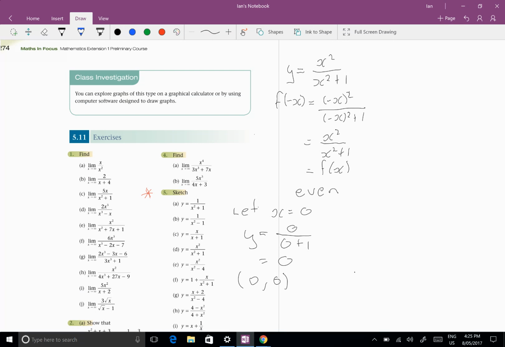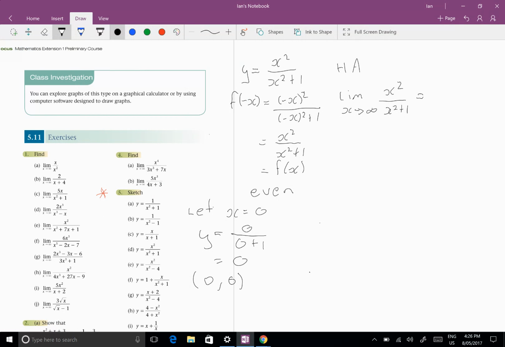Okay, now we know that there are no vertical asymptotes, so I'm going to try and find a horizontal asymptote. So I'm going to find the limit as x approaches infinity of x squared on x squared plus 1.